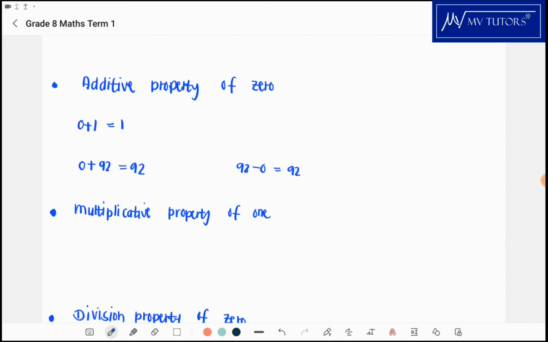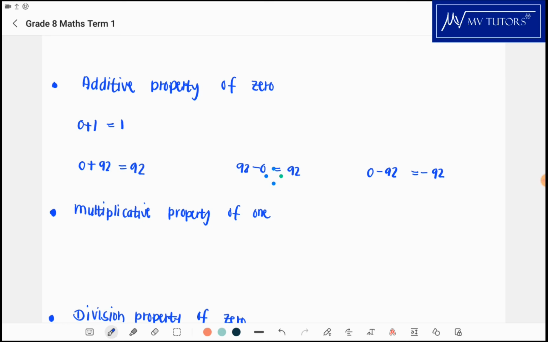So if you're going to take a number and subtract 0, you will get that number. But please, if you're going to take 0 and subtract the number, you're going to get a negative of that number. So just be careful. But here we're talking about the additive property of 0, and it's exactly that. That number plus nothing will give you that number.